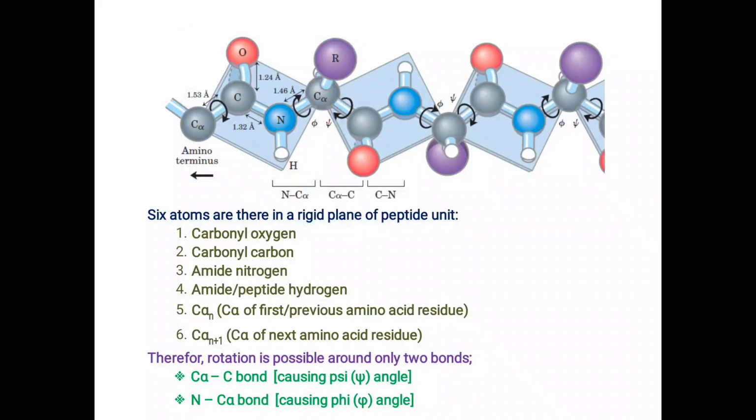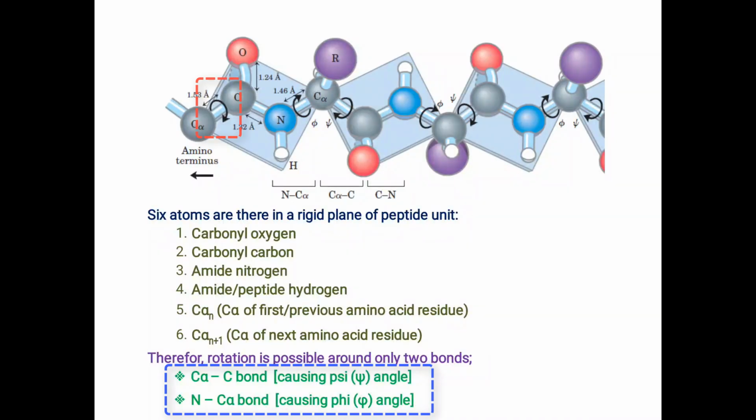Okay. So, these 6 atoms are in the same rigid plane of the peptide unit just because of the restriction of rotation around the peptide bond. Therefore, rotation is possible around only 2 bonds. What are those 2 bonds? The C alpha and C bond. Okay, you can see here the rotation around the C alpha and C bond causes the dihedral angle which is known as the psi angle.